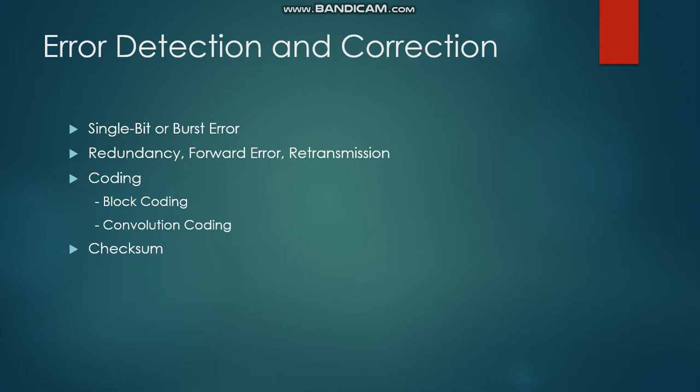Errors can be corrected in many ways. For example, forward error correction is when the receiver guesses what the sender is trying to say. Or retransmission, when the receiver asks the sender to retransmit the data again.